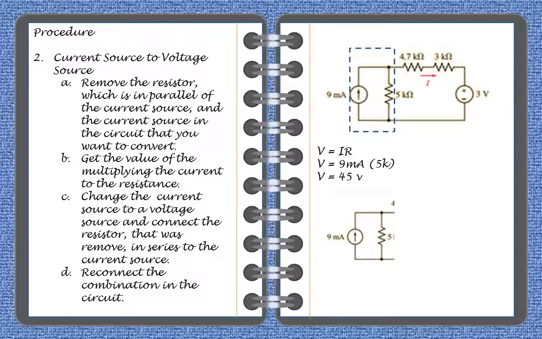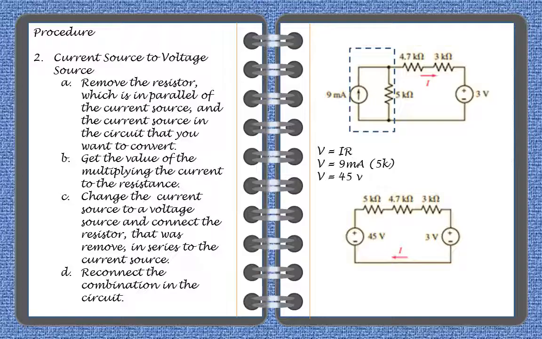Then we change the current source into a voltage source and connect the 5 kilo ohm resistor in series with the voltage source and reconnect it to the original circuit. And there we go, back to the previous circuit without changing any property of the original circuit.